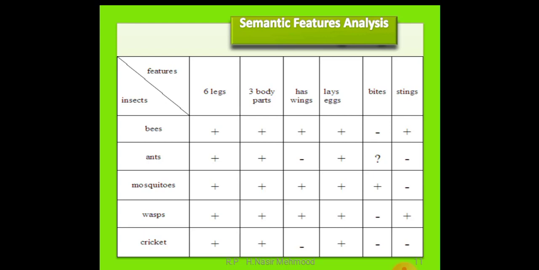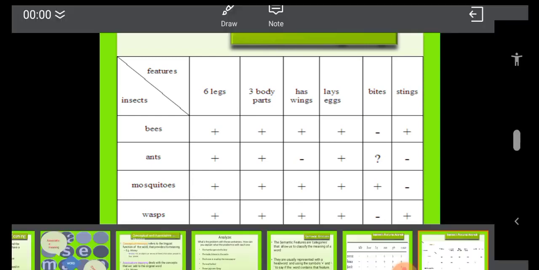In the same way, we can create our own list to analyze the semantic features of different lexemes, and this analysis enables us to understand the meaning of different words and to make up a meaningful sentence, one which is grammatically as well as semantically correct.